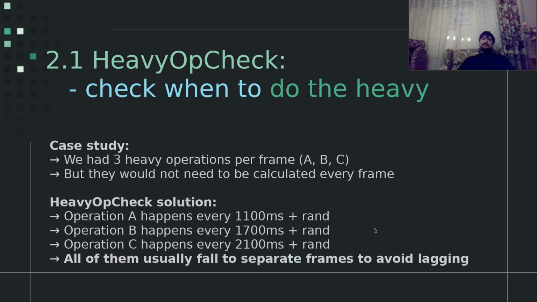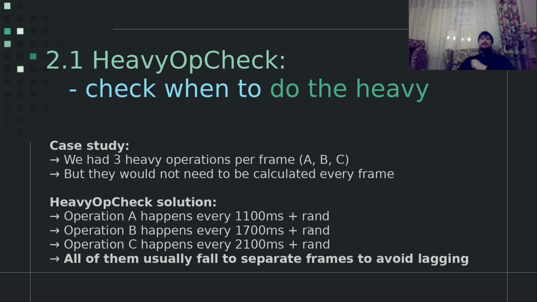HeavyOpCheck it's called. So a case study, we have A, B, C heavy operations, and they are not going to be calculated every frame. And the HeavyOpCheck solution would be operation A happens every 1.1 seconds plus some randomization.